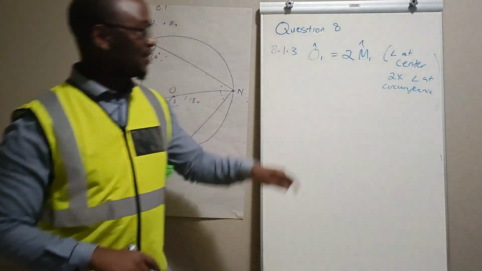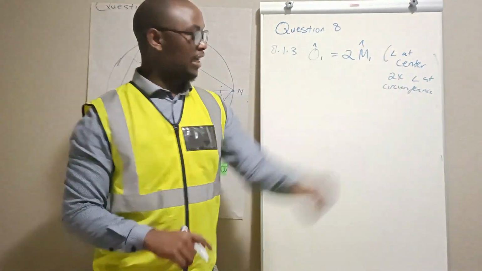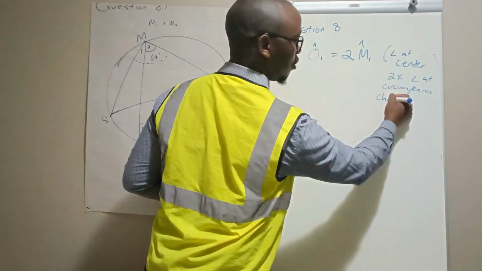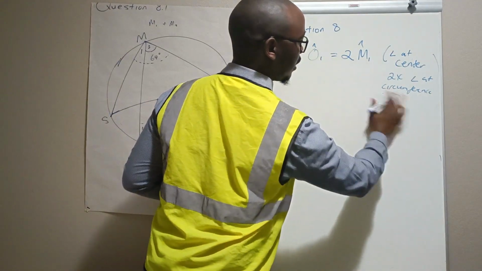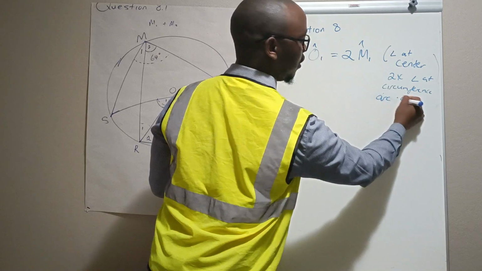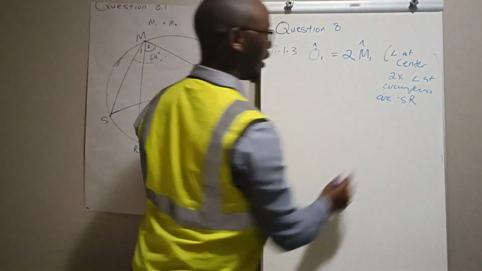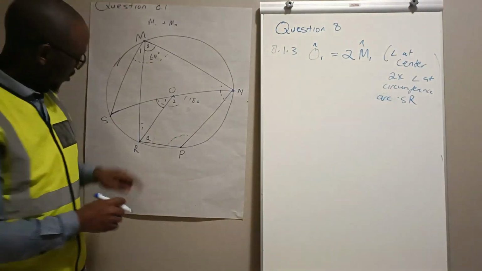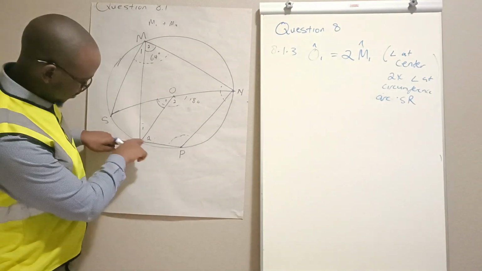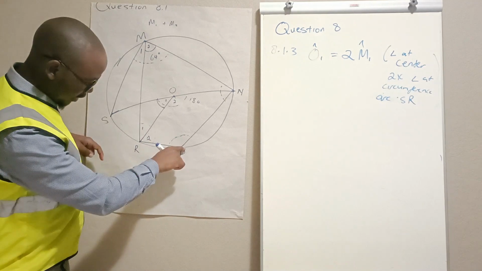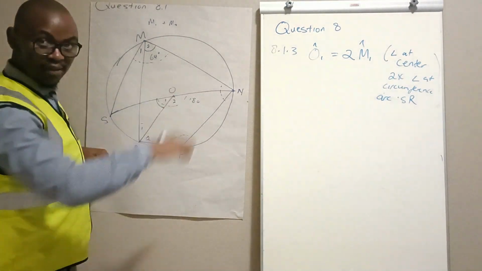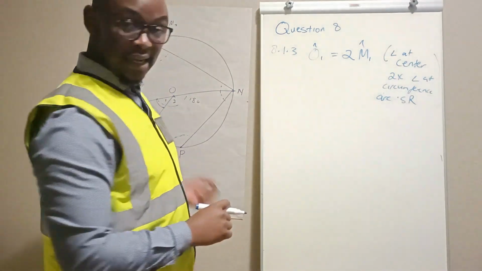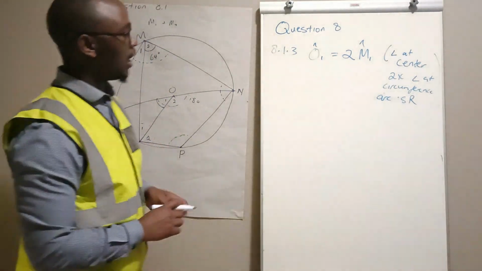Hopefully you can see that. The angle at center is twice the angle at circumference, and those two angles are subtended by arc SR, so an arc different from a chord. RP, this part that falls within the circumference, is the chord. What is the arc? That's a chord and this is an arc.